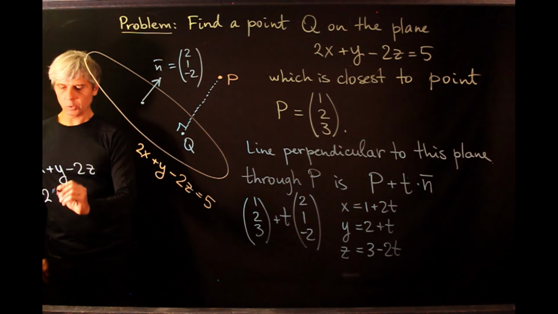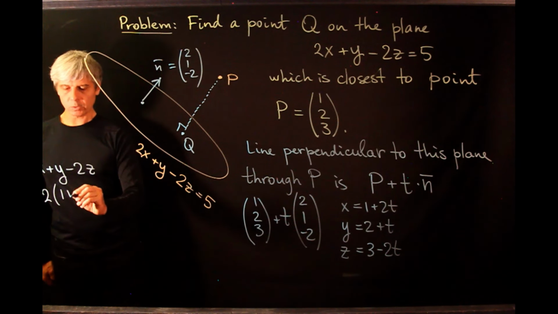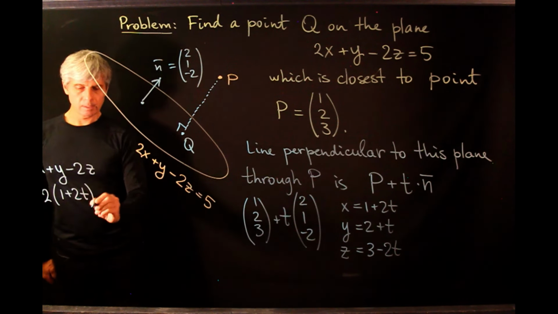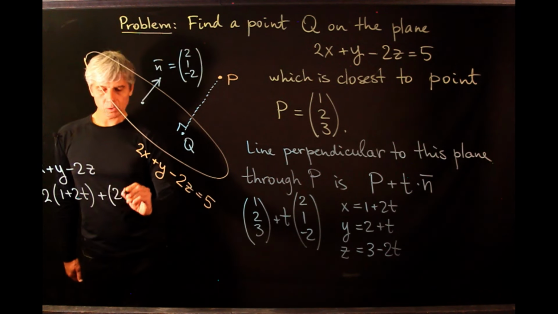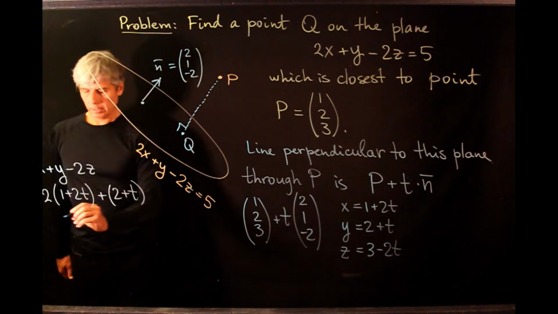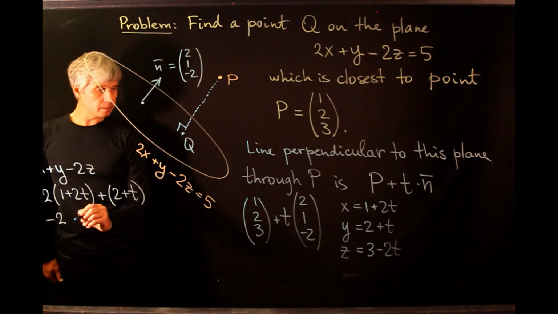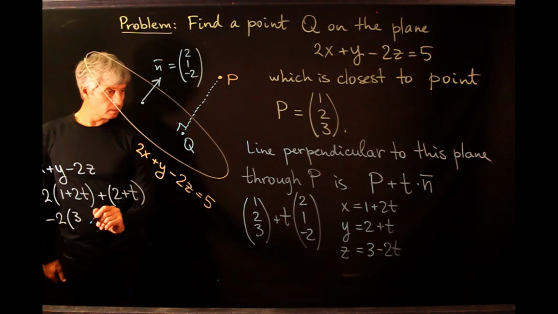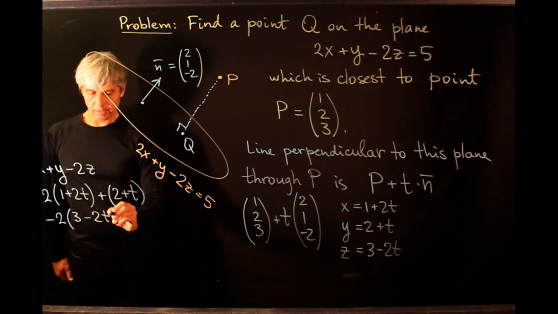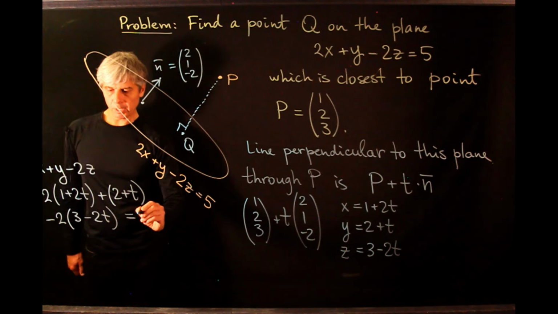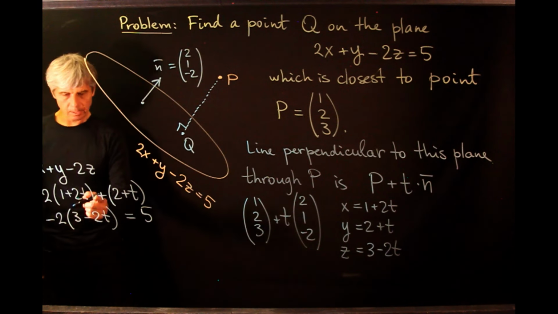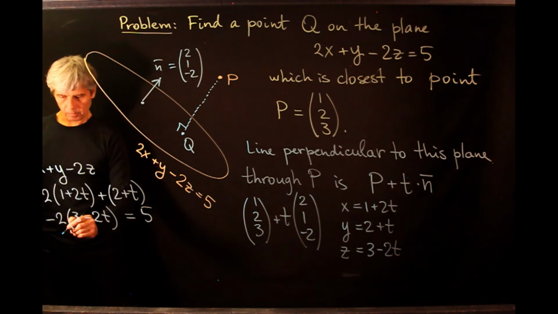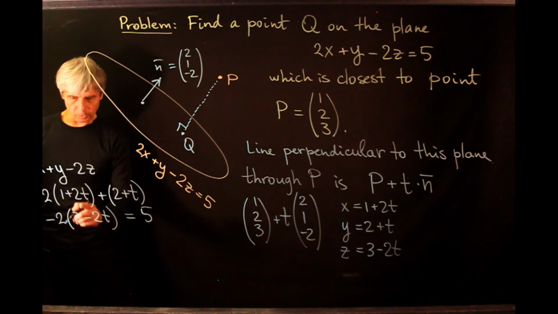This equals 2 times (1 plus 2t), plus y, which is 2 plus t, and minus 2z, which is 3 minus 2t. And this must be equal to 5 because this is the right-hand side of this plane. Now let's simplify this. So what do we get?